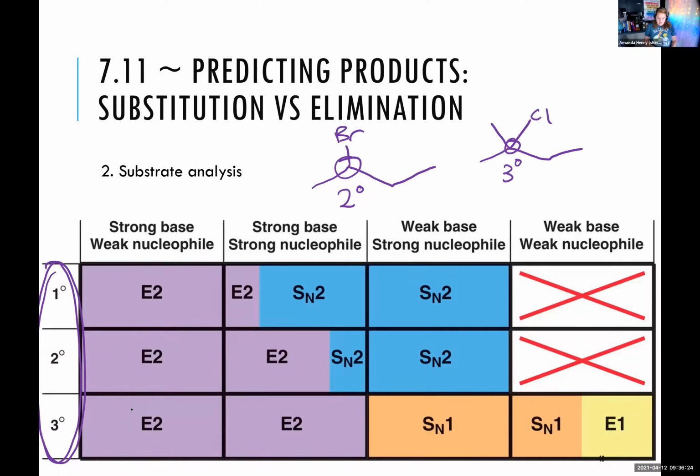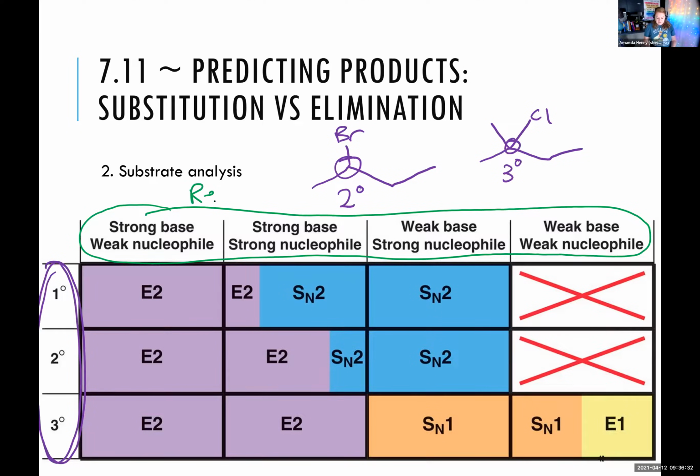And then notice the top up here. This is the same as our previous slide, these are the reagents. So if we have a strong base that is a weak nucleophile, no matter what type of substrate we have, it's going to go through an E2 reaction.